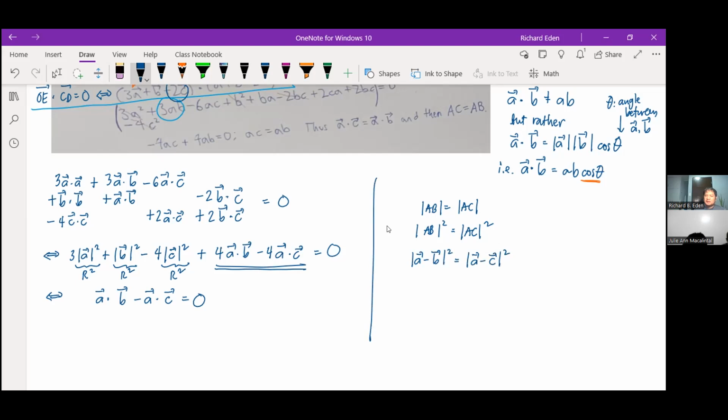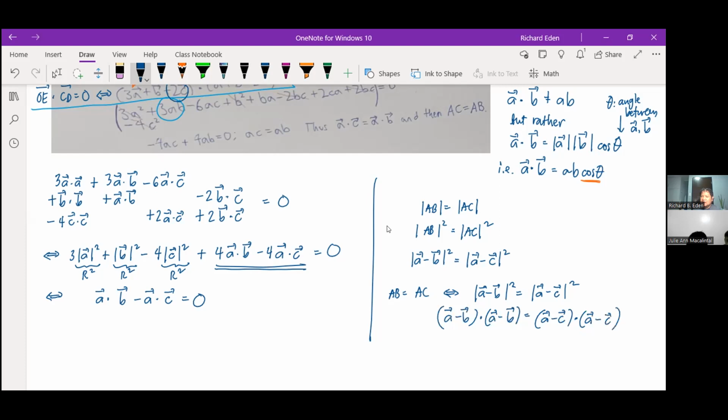So let's put here: AB equals AC if and only if A minus B squared equals A minus C squared. And then, oh, hey, we have the square of the length of vector. That means we're talking about the dot product. A minus B dot A minus B equals A minus C dot A minus C.